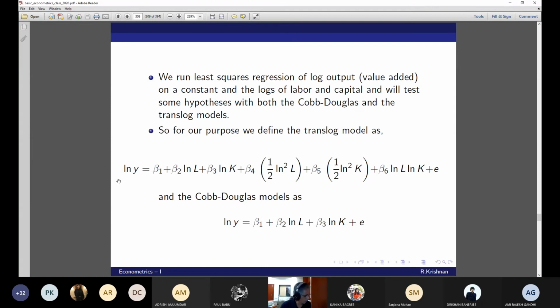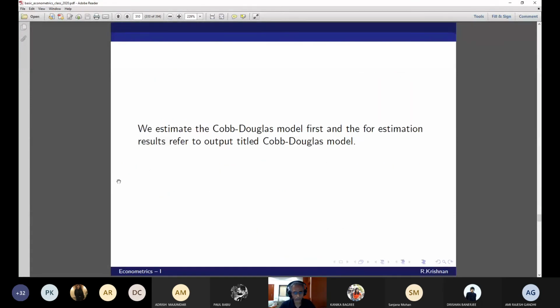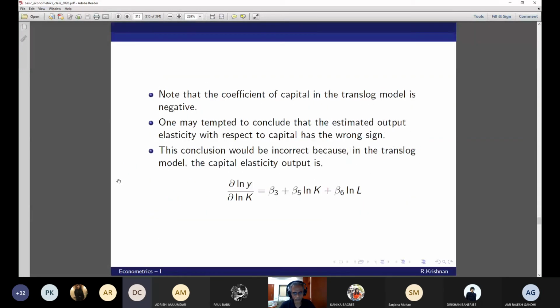What is dou log y by dou log k? Yes, sir, got it. This is the correct coefficient, the correct elasticity.